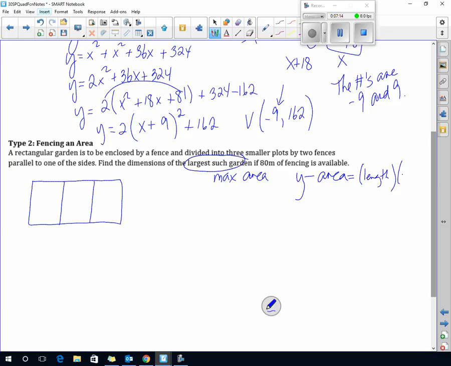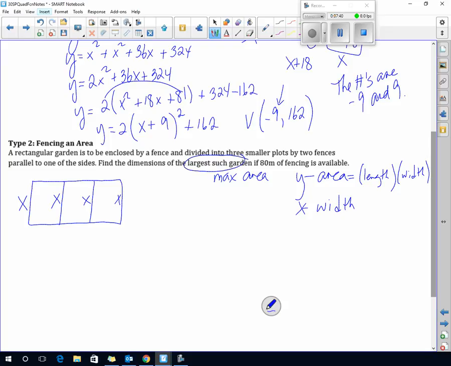Does everybody see I have a width of x, x, x, and another x there. So I have 4 x's of fence I used. I have 80 left to use from. So I subtract that. And so I have 80 subtract 4x to be placed on 2 lengths.